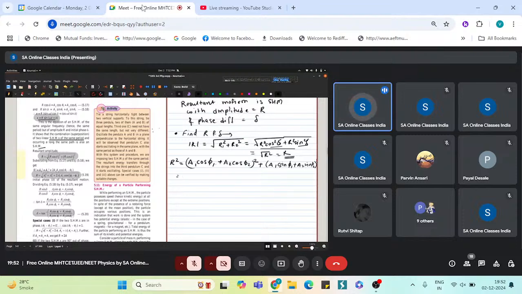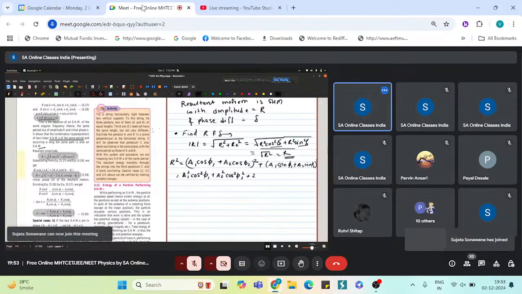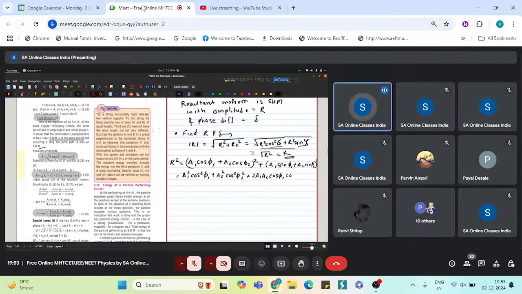And now we'll just open these brackets, and it is slightly tedious algebra, but I'll do it. All the terms are going to cancel out, and we are going to be left with very few terms. So this is just going to be the a plus b bracket square formula, which is a1 square cos square phi 1 plus a2 square cos square phi 2 plus 2a1 a2 cos phi 1 cos phi 2.